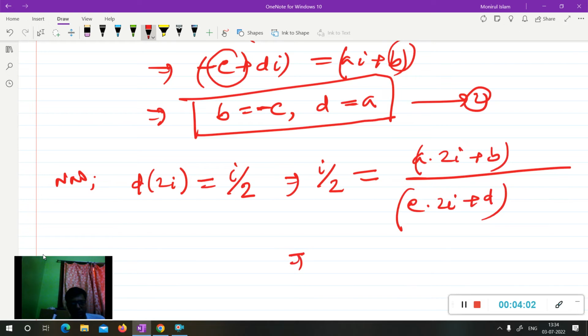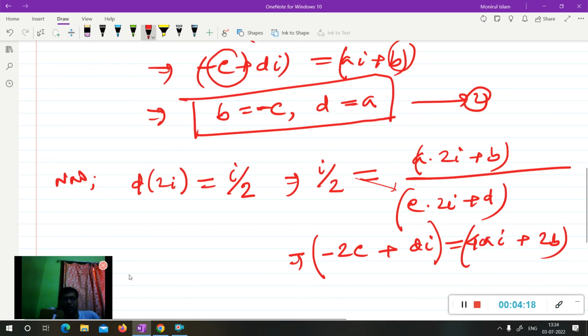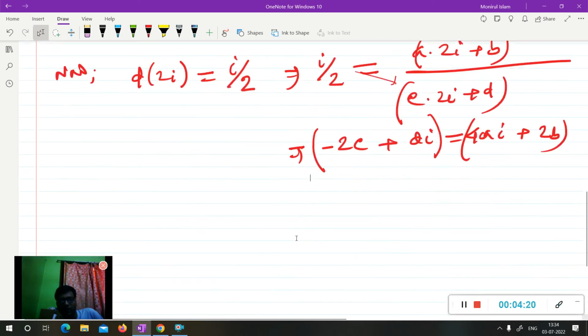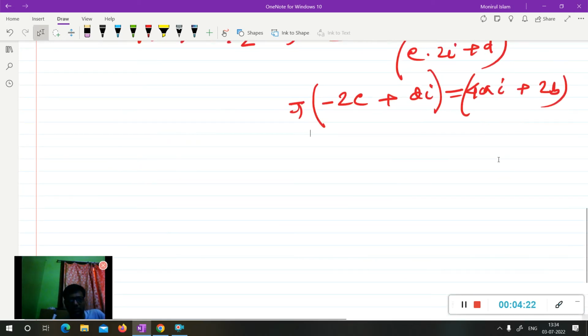So this gives, on multiplying, 2c plus di on one side, and 4ai plus 2b on the other. If you equate the real and imaginary parts from both sides, it gives b equal to minus 2c and d equal to 4a.